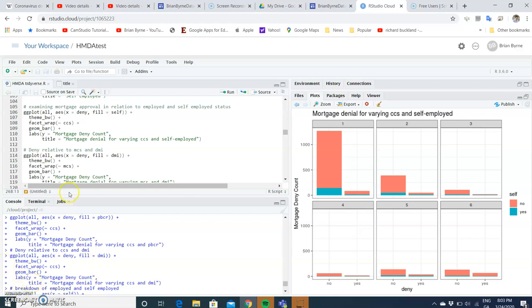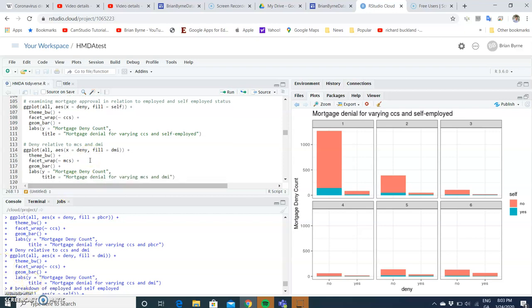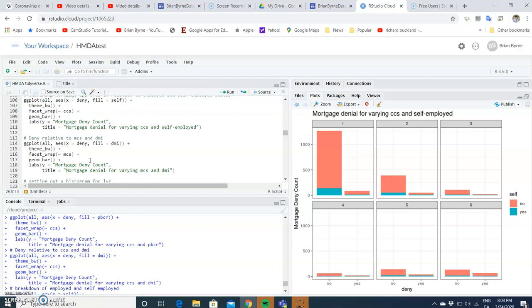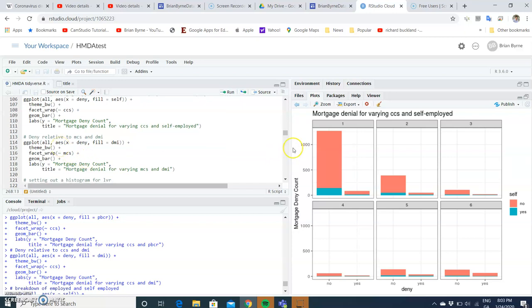In this video, we continue looking at the HMDA Tidyverse. We've just considered in the previous video what was the effect of being self-employed in terms of getting a mortgage approved.